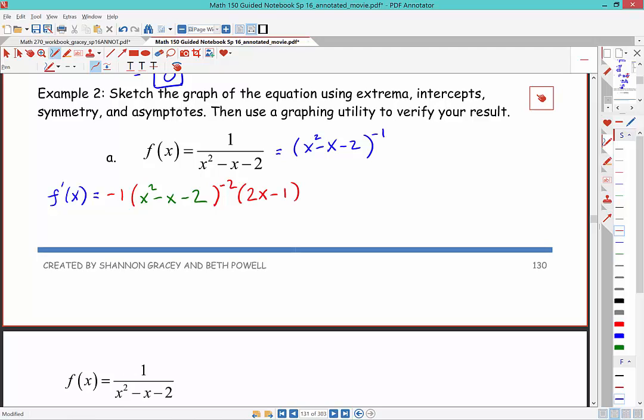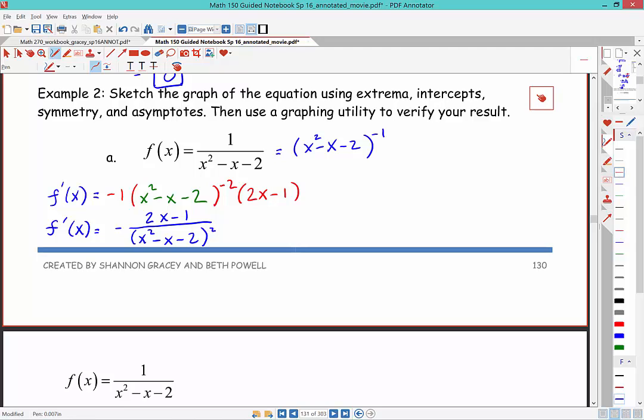Good so far? So f prime at x is equal to -(2x minus 1) over x squared minus x minus 2, the quantity squared.